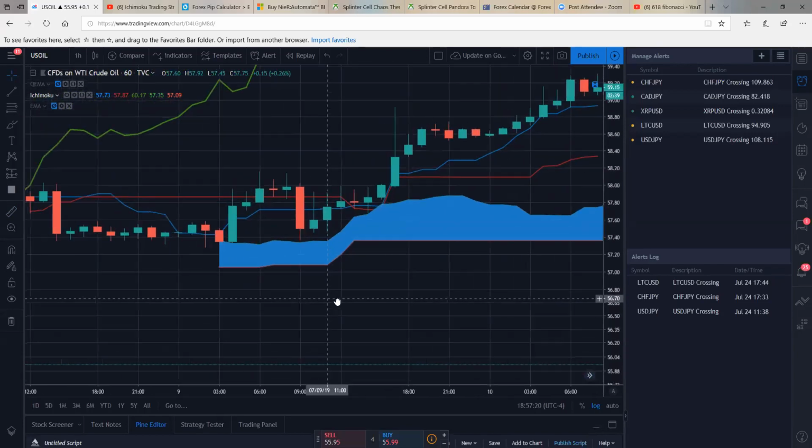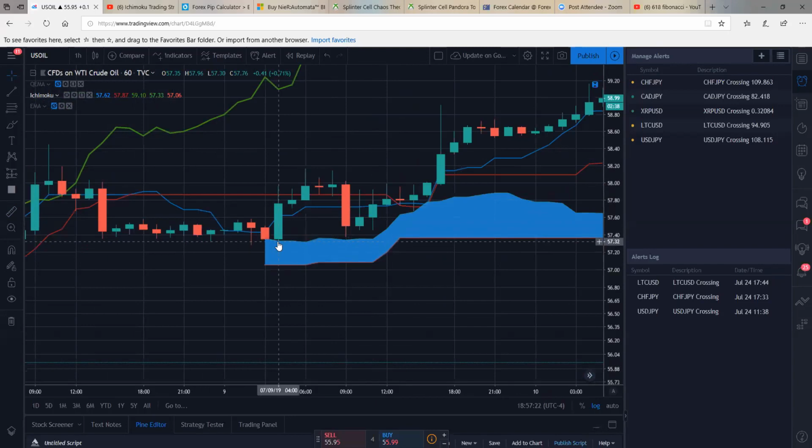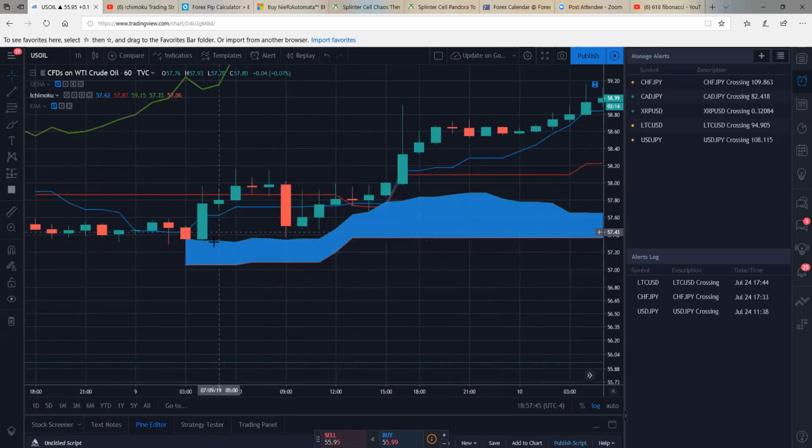Here's a tricky one. Now, Tamika, if you've seen this large candle come in, its wick just pushed out of this cloud, do you still feel comfortable buying that? Yeah, because the body turned into a large candle. But where are we? Oh, right here.